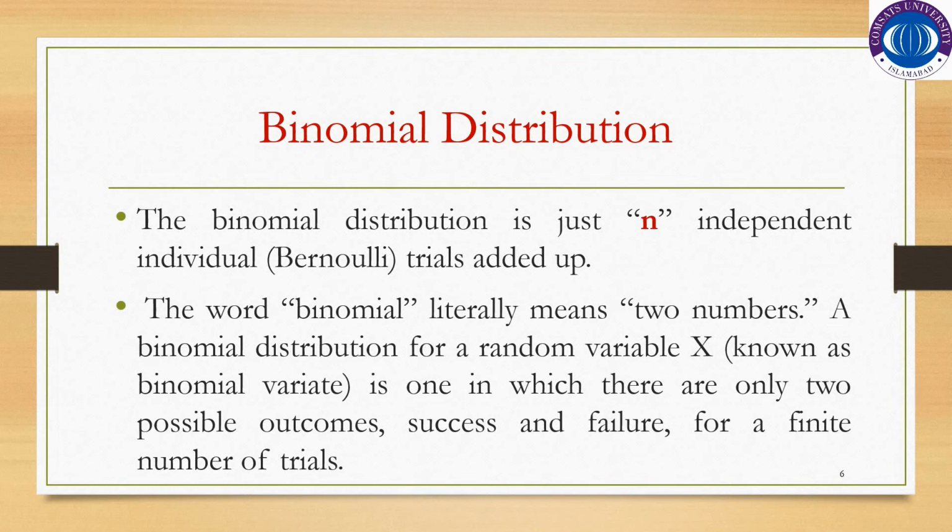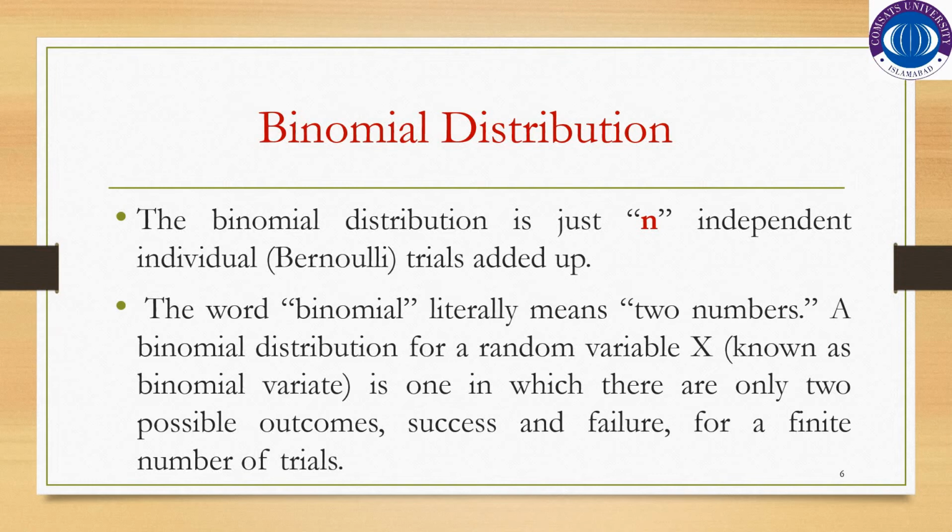Binomial distribution. The binomial distribution is just independent individual Bernoulli trials added up. The word binomial literally means 2 numbers. A binomial distribution for a random variable x, known as binomial variate, is one in which there are only 2 possible outcomes, success and failure, for a finite number of trials.